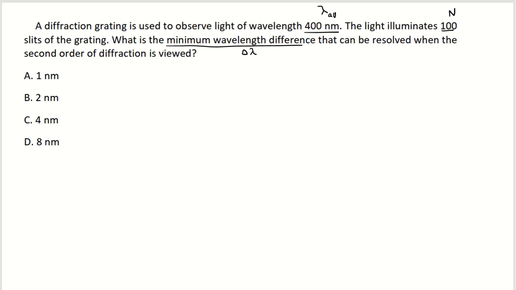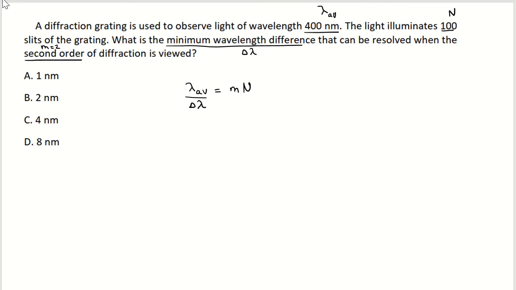When the second order of diffraction is viewed, here he has given you m equal to 2. Which equation am I going to use? The only equation we have: R equals lambda average over delta lambda, which equals the order times n.